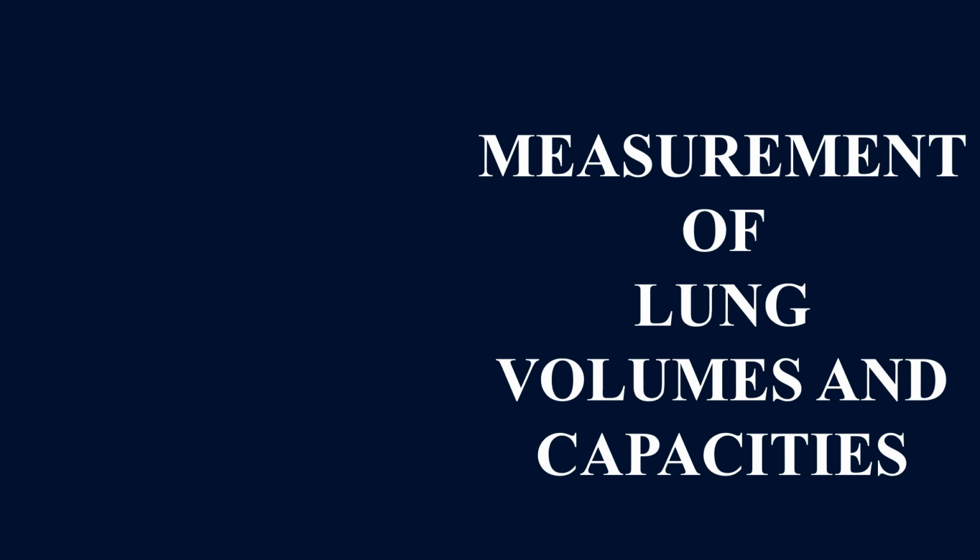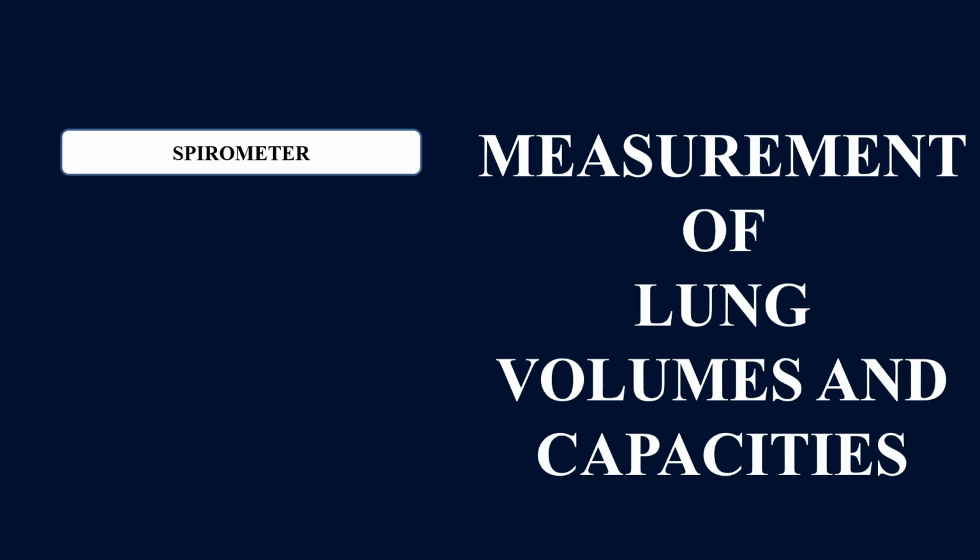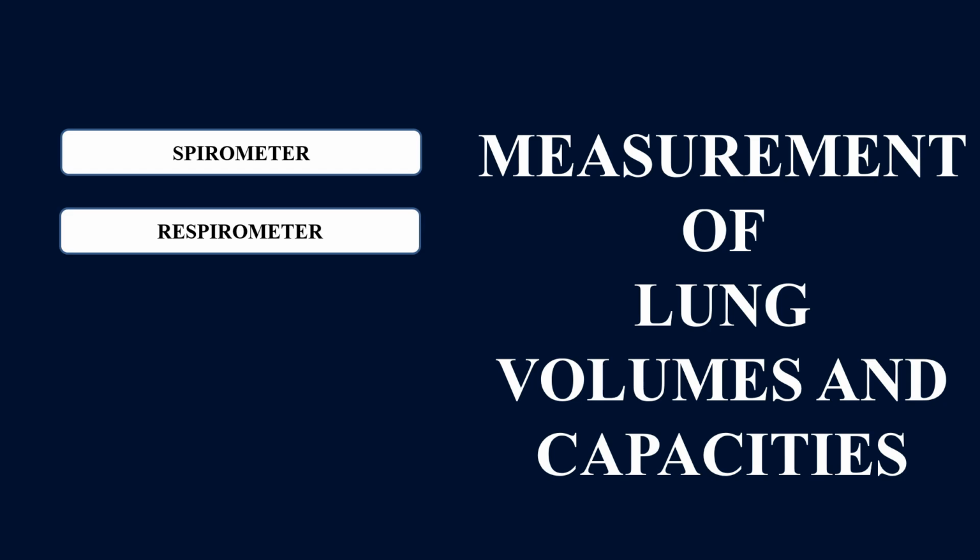These methods include the spirometer. Spirometer is used to assess the functions of the respiratory system by measuring the air volumes and the lung capacities. The advanced form of the spirometer is the respirometer, and there are some other methods that specifically assess the residual volume and the functional residual capacity, because the spirometer and respirometer do not measure them.